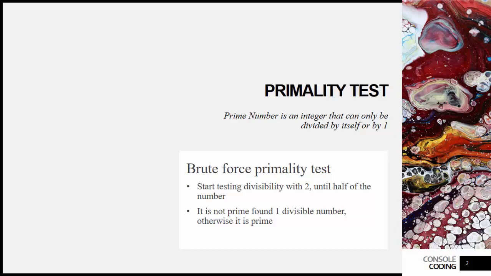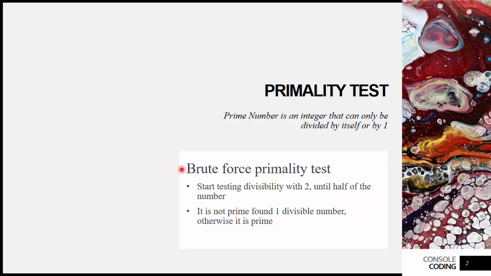No other integer smaller than that number can divide the number. Mathematicians have many algorithms or methods to detect prime number, but for our class, we take the easiest one, the brute force, which may be the easiest to implement and understand, but it is not the best way to test primality when the number is really big.